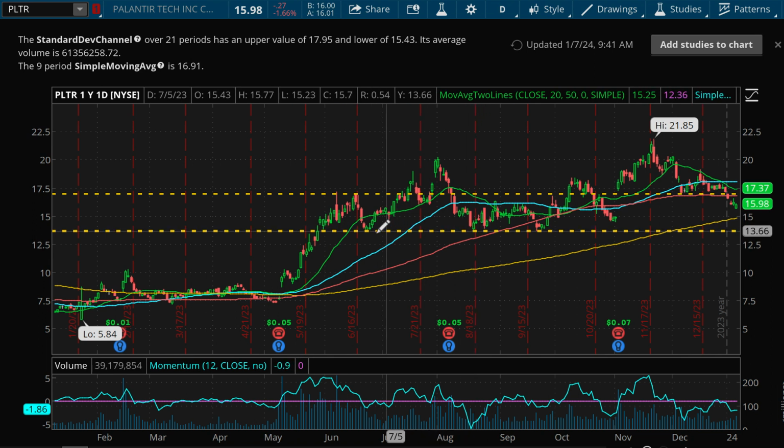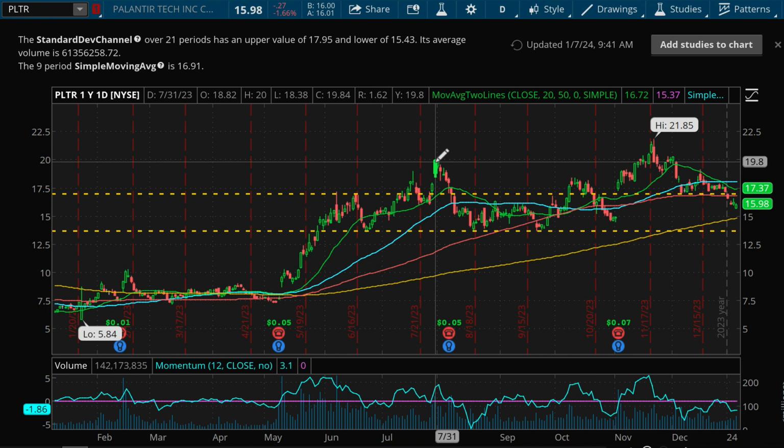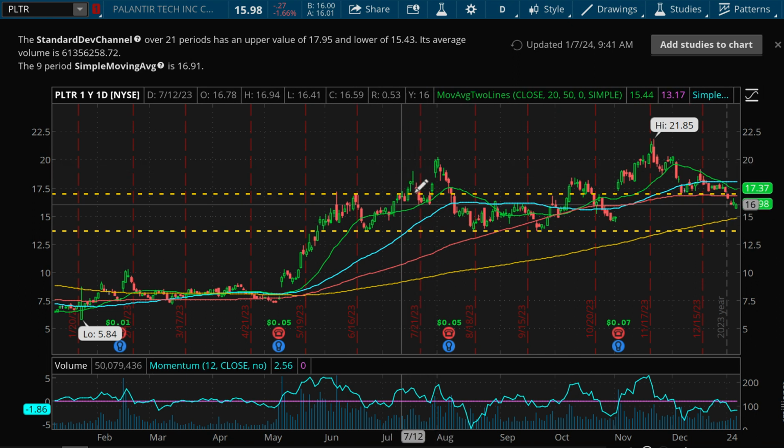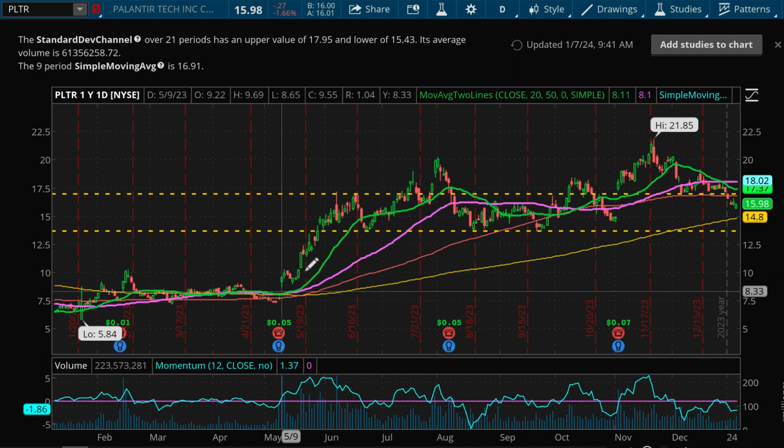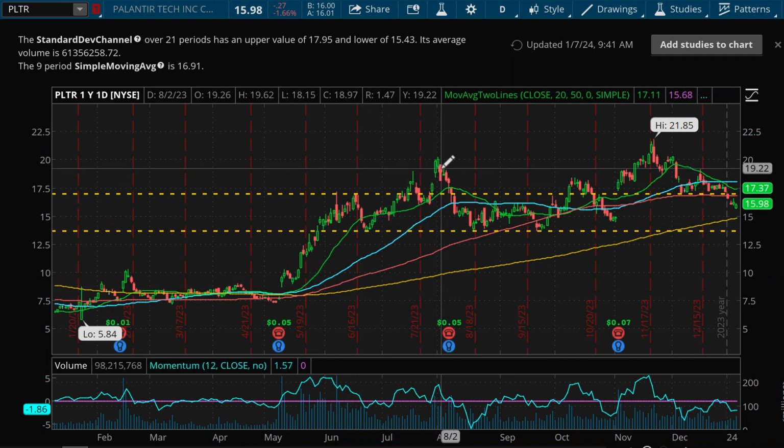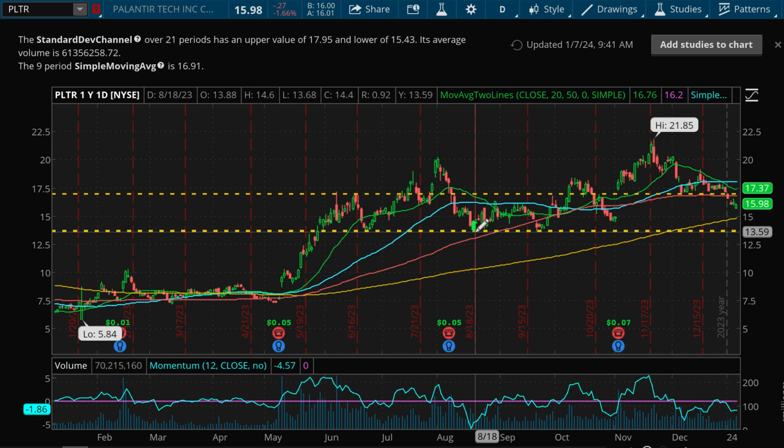There are people that saw this right here and say, it's back to that level. The last time it got back there, it ran hard. Last time it got down to 13.5, it went almost to 20. That's a huge return. I missed that. I missed this. I missed that. So guess what? I'm in.